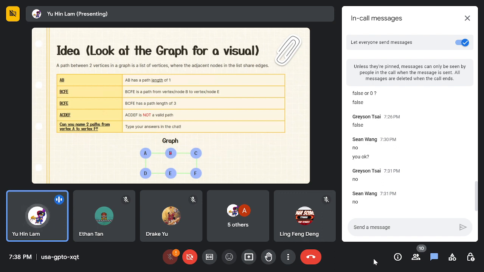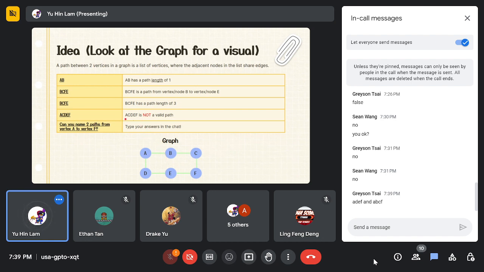We first go from B, and then we move to C. After that, we move to F, and then down to E. That will be our path. So this path has a length of 3. B to C is a path length of 1, C to F is a path length of 2, and then finally F to E is our third path length. So BCFE has a path length of 3.